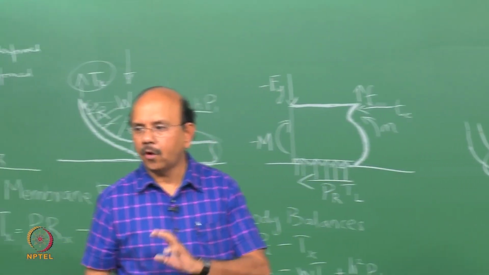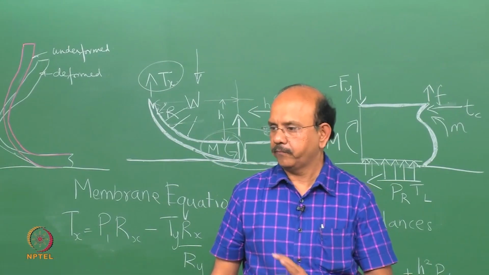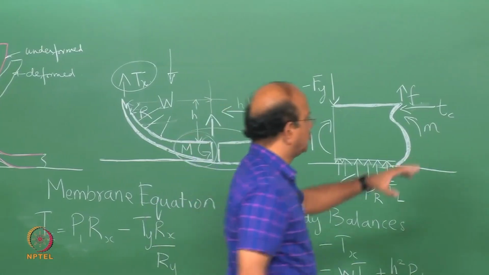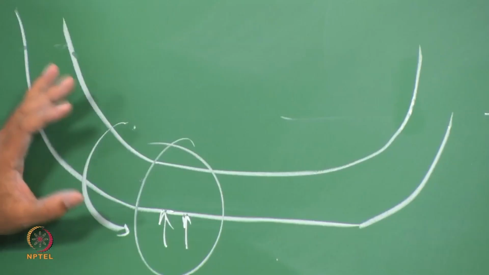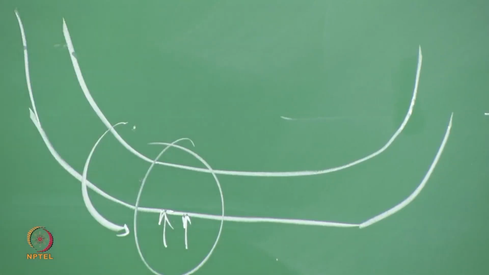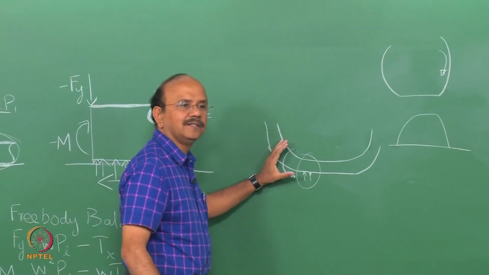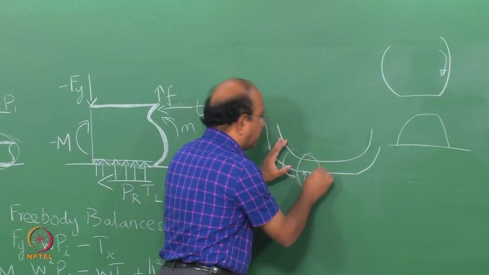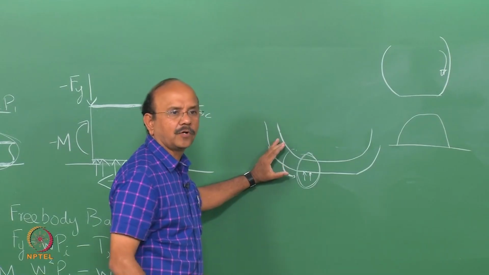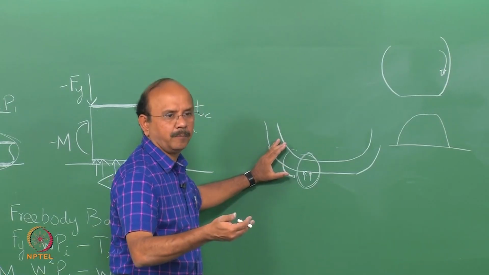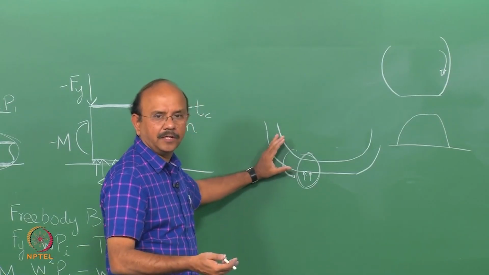Clear? Suppose the bending wins over, or one of the forces here wins over, and the bending is like this. What would happen to the contact pressure in this region? The contact pressure here would increase.